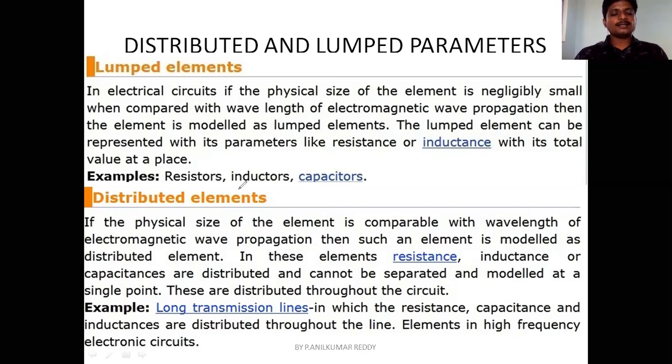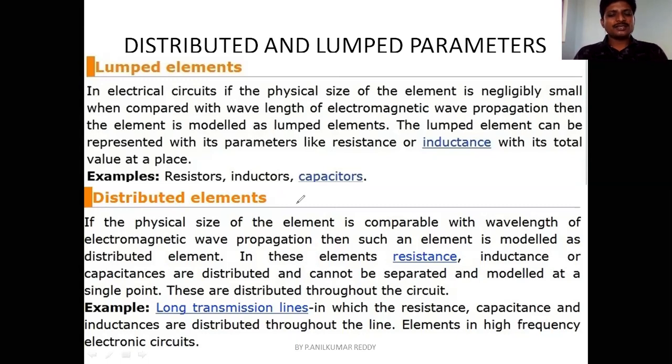Similarly, in some cases the wavelength of the electromagnetic wave is smaller than the physical size of the system. It is a very big element. For example, a transmission line stretched along hundreds of kilometers of length. If the wavelength is much smaller than the length of the transmission line, then we are not going to take all the resistance of the total transmission line as a single element.